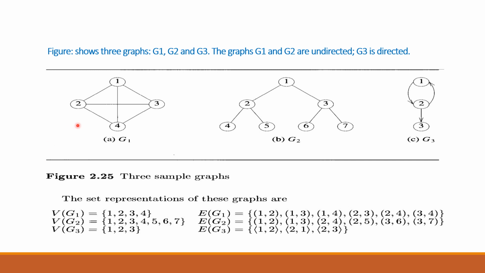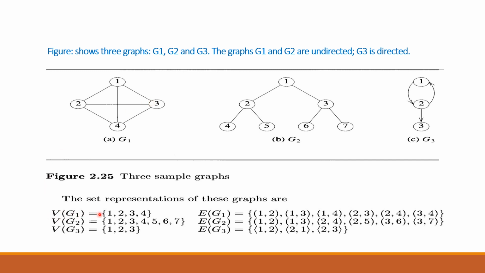So in this first diagram, the vertices are 1, 2, 3 and 4. The edges are 1 to 2, 1 to 3, 1 to 4. These are the edges. Then 2 to 3. So this is the graph G1 edges. Here we have also given the representations, look.